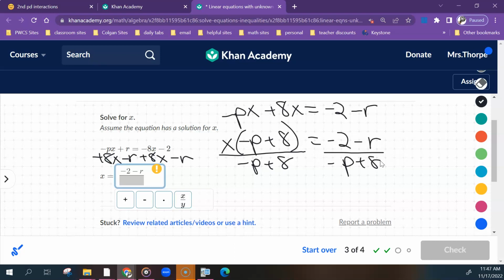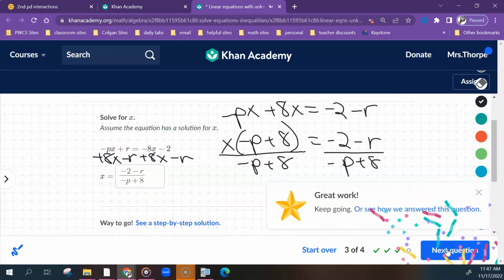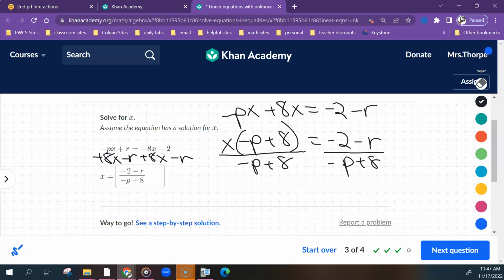Minus r over negative p plus 8. So all of these answers are going to be fractions of some sort. This is one type of equation you may see.